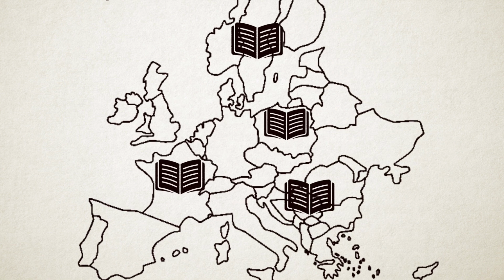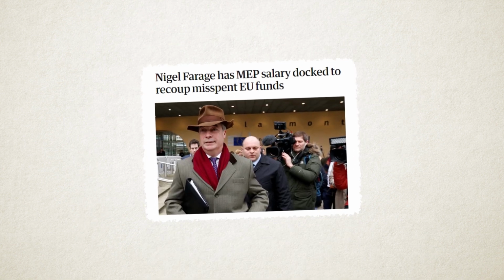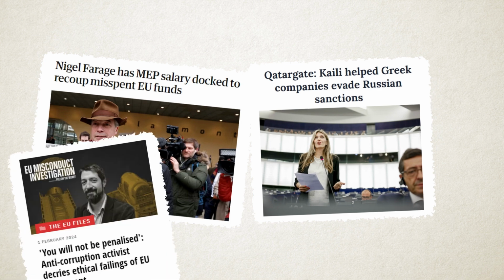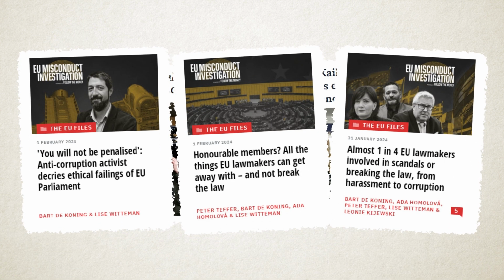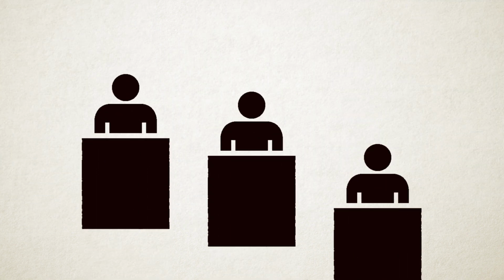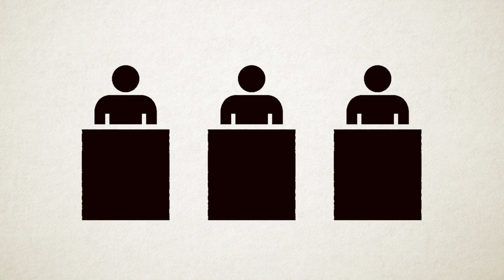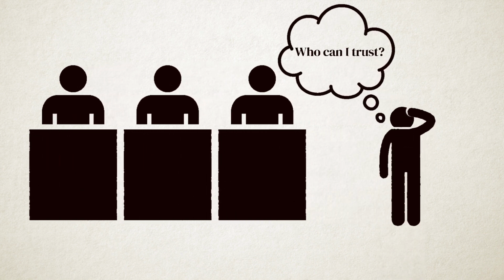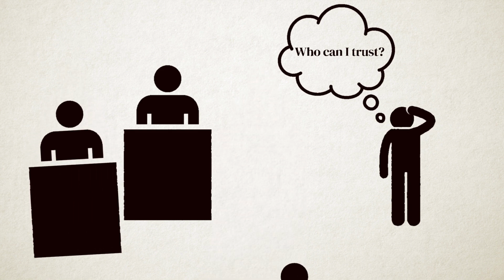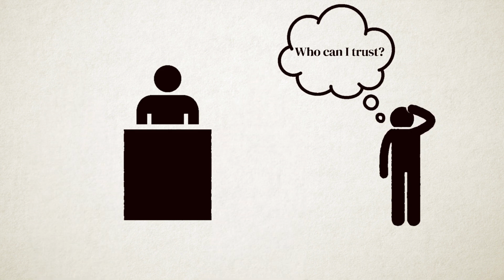You probably remember one or multiple stories of MEPs misusing funds, taking dirty money from abroad, or other fraudulent and unethical practices. Apart from just being morally wrong, this behavior has a much broader effect than just on the person who does it. It is detrimental to our trust in these institutions and damaging for the inner workings of our parliament.